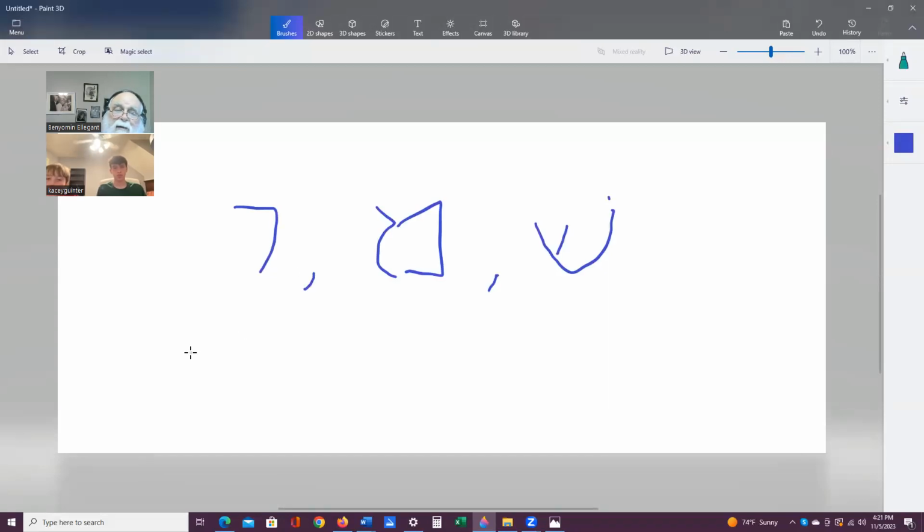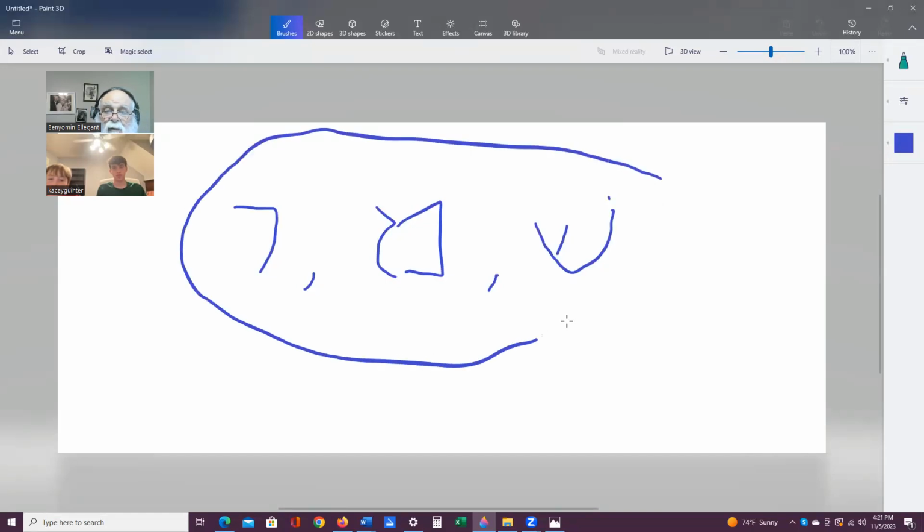And that basically tells me that this is the root word, okay?